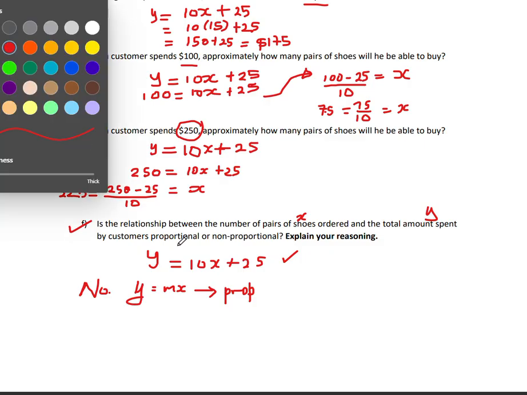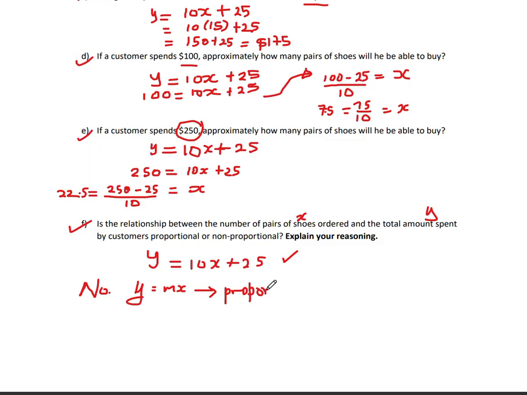The proportional form, again, is y equal kx or y equal mx. Any function that takes that form shows a proportional relationship. But once you add or subtract a constant apart from 0 from that mx, then it becomes non-proportional. So the answer is no, and that is because this function has a non-zero y-intercept, which is exactly 25.